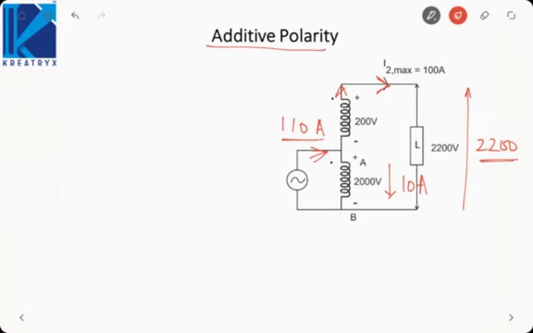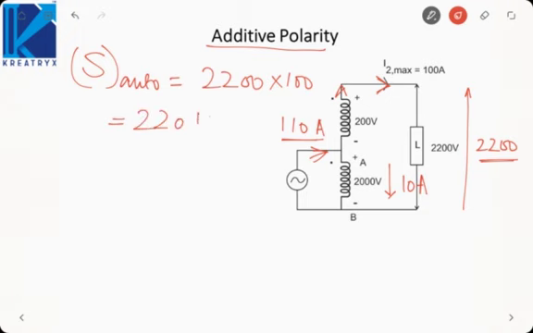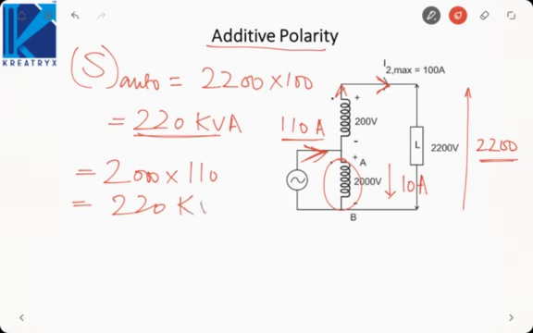Now if we want to find the kVA rating, S auto, the voltage across is 2200 into 100, that is 220 kVA. Otherwise you can calculate from the primary also. It is 2000 into the current coming here, which is 110. So it is also 220 kVA.